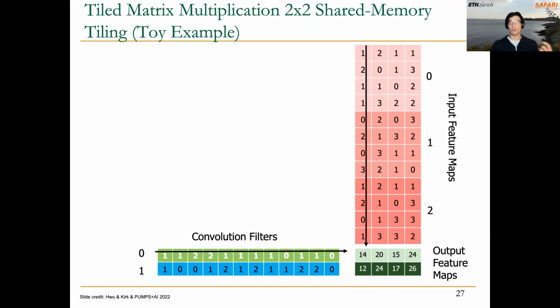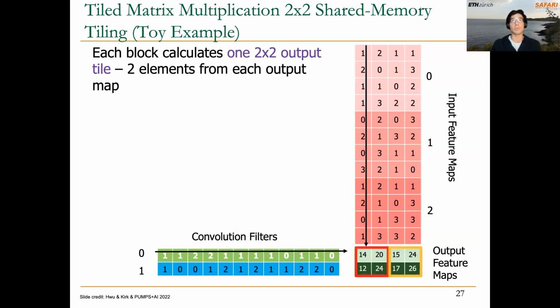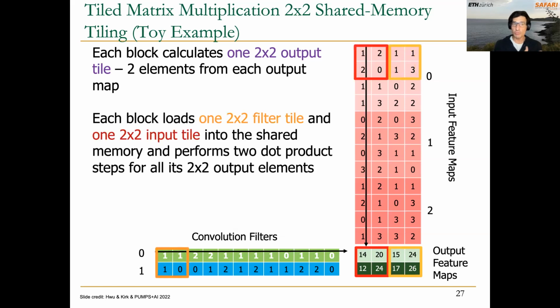So let's start with a very simple toy example, where we use a 2x2 tile in shared memory. Each block calculates one 2x2 output tile, so 2 elements from each output map. So each thread block needs to first load one 2x2 filter tile and one 2x2 input tile into the shared memory and perform 2 dot product steps for all its 2x2 output elements.